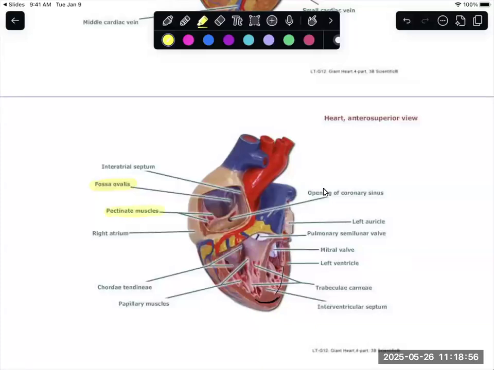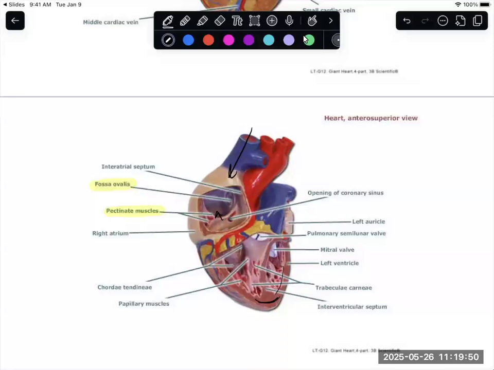When blood is coming into the heart, it's coming through the superior vena cava, up from the inferior vena cava, and also from the coronary sinus, where it is draining blood specifically into the right atrium. So when the right atrium contracts, those pectinate muscles are the ones causing it to contract and push that blood into the right ventricle.